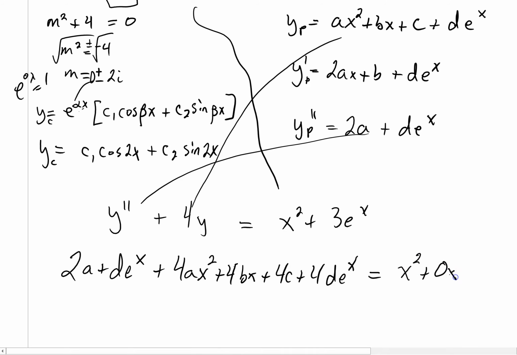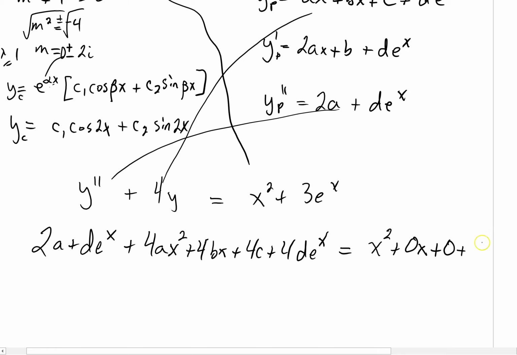By the way, I really can't stress this enough. You want to think of this as a general quadratic kind of a function on the right-hand side. In other words, there's a 0x and a 0 constant over there. Well, how does that come into play? Well, on the left side, we'll have a 4ax squared. Take a look at any terms with an x in it.